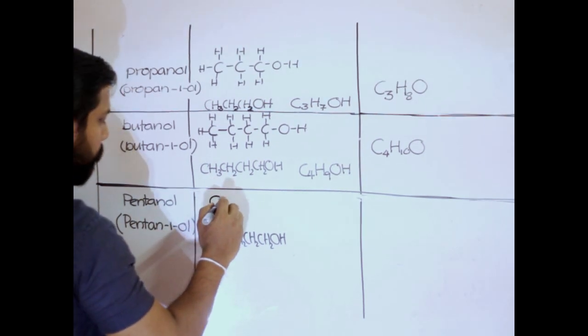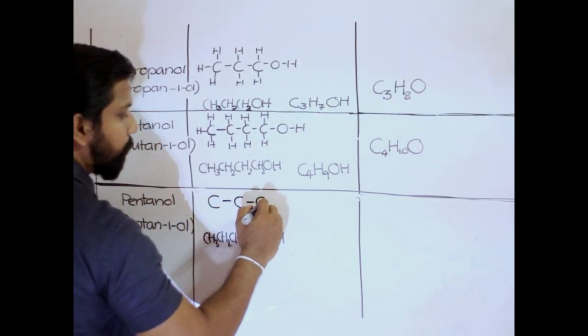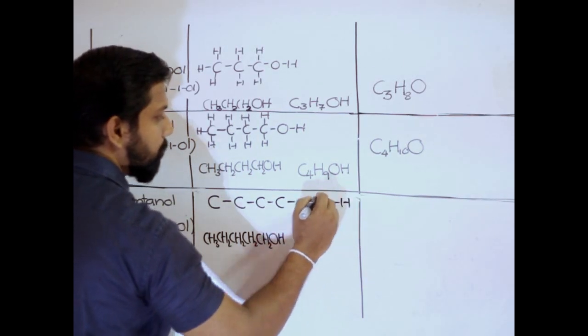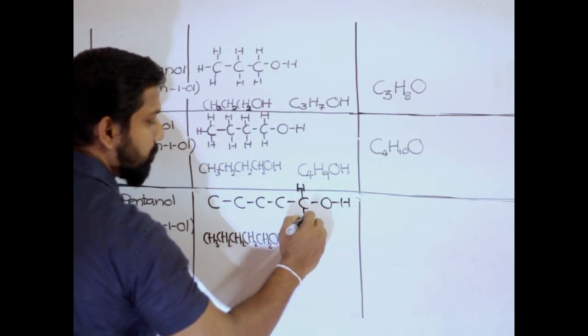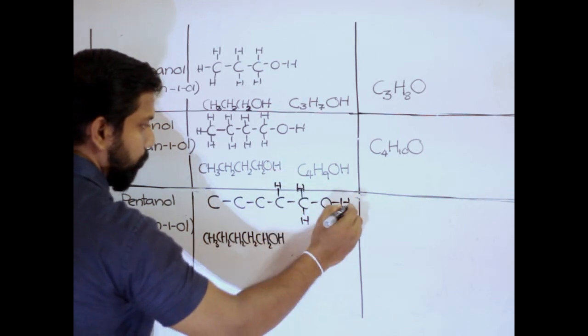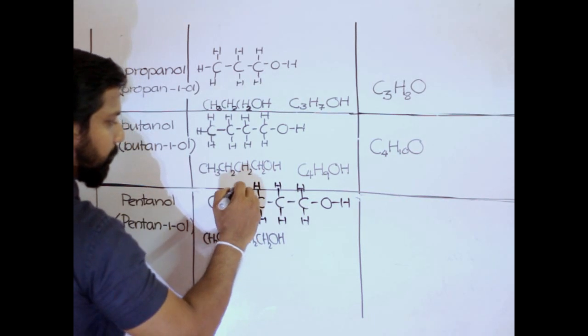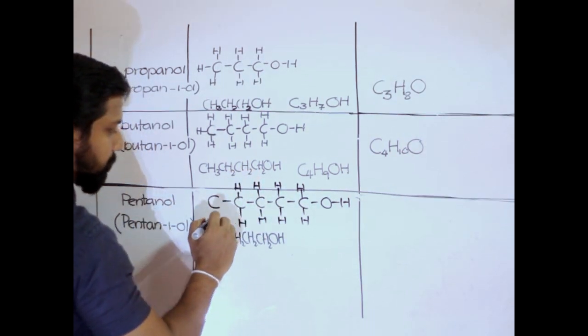Let me do pentanol for you. 5 carbon atoms where H is attached, OH is attached, and here are the other hydrogen atoms.